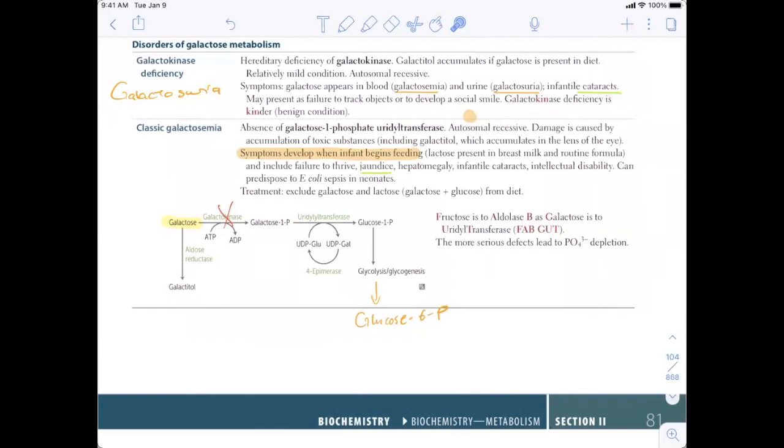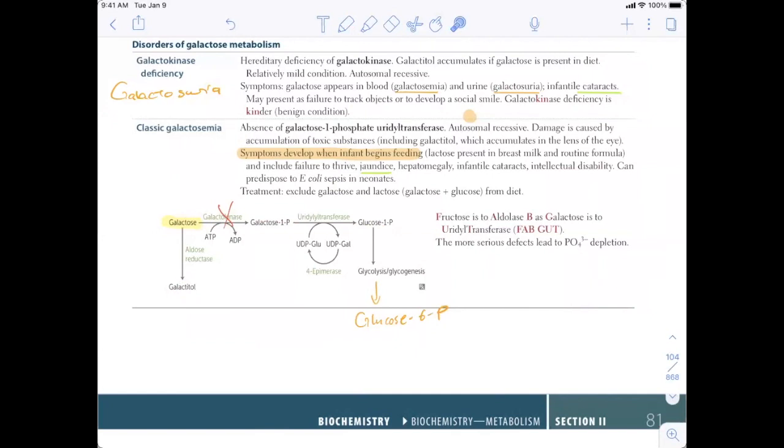But what are the symptoms you're going to have? When you block this, galactose accumulates in the blood, galactosemia, and some of it shows up in the urine, galactosuria, like I said. But also the galactitol that accumulates can give you infantile cataracts, okay? But generally, it's a mild condition, just like your fructosuria.